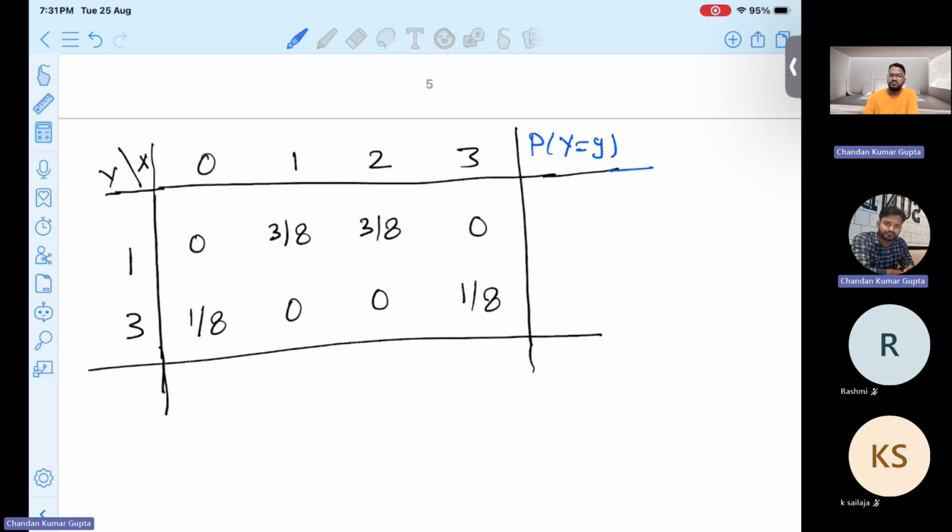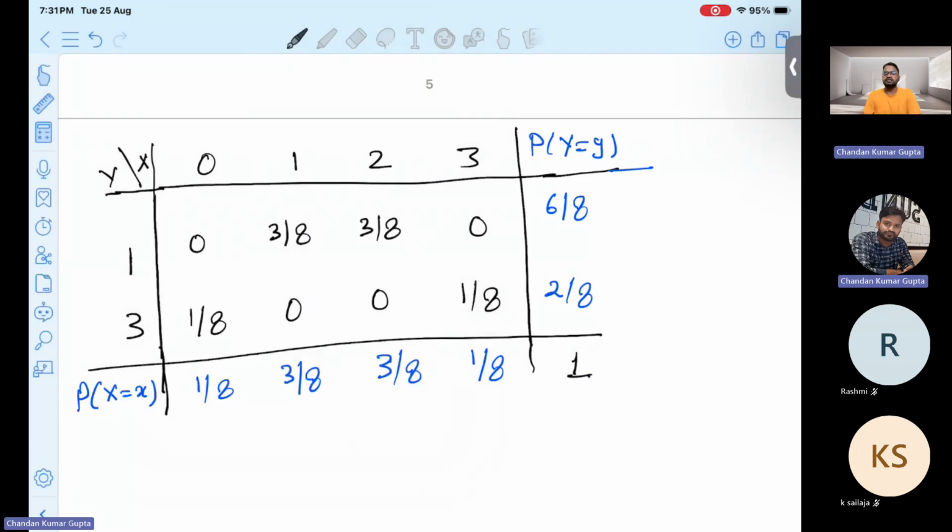This is the marginal function of y, which comes out as 3 by 8 plus 3 by 8, which is 6 by 8, and 2 by 8. And for x, it is 1 by 8, 3 by 8, 3 by 8, 1 by 8, and in both cases you can find that the summation comes out to be 1. So it is a valid probability mass function for the random experiment defined above, with the random variables number of heads and difference in number of heads and tails.